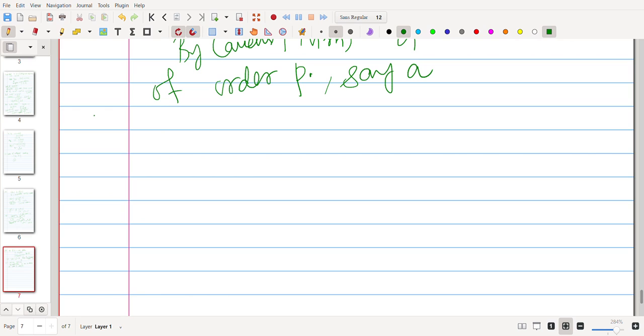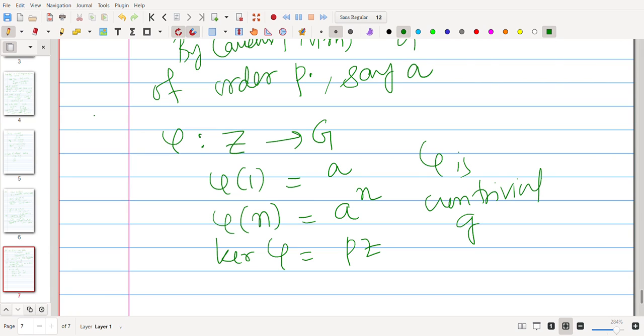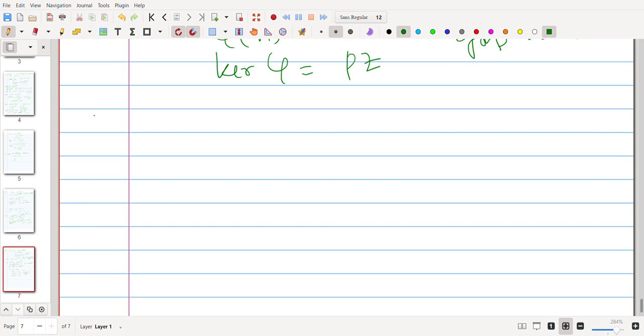Now I'm going to define a map phi from Z to G. Phi of 1 is a, that means phi of n is a to the power n. This is clearly a group homomorphism. And the kernel of phi is basically pZ. So phi is a non-trivial group homomorphism. Hence option B is also correct.